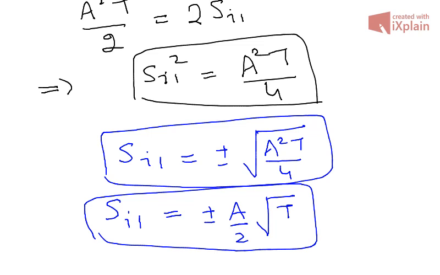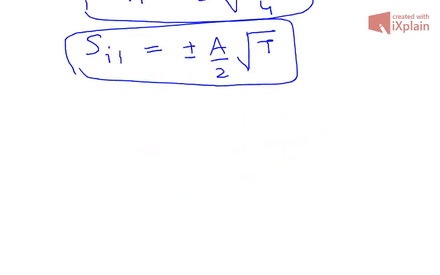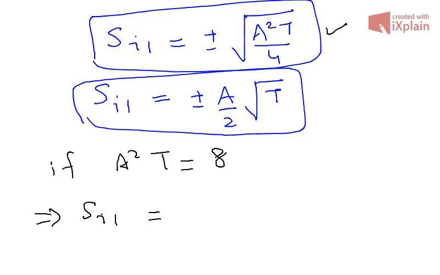Now this is the case when psi1 and psi2 are equal, right? If you further assume, in this expression, that A square T is equal to a multiple of 4, suppose it is equal to 8, then what would be our psi1? Our psi1 would be equal to plus minus square root 2.